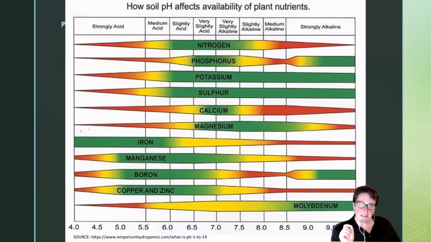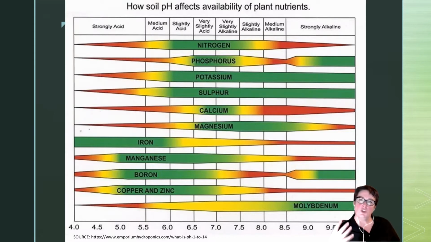And there are listed different soil nutrients within the chart, and those nutrients are contained within bars. When those bars are wide and they're green, that means that those nutrients are more available for plants. And as those bars begin to get thinner and change from green to yellow to red color, that means that that nutrient availability is decreasing.